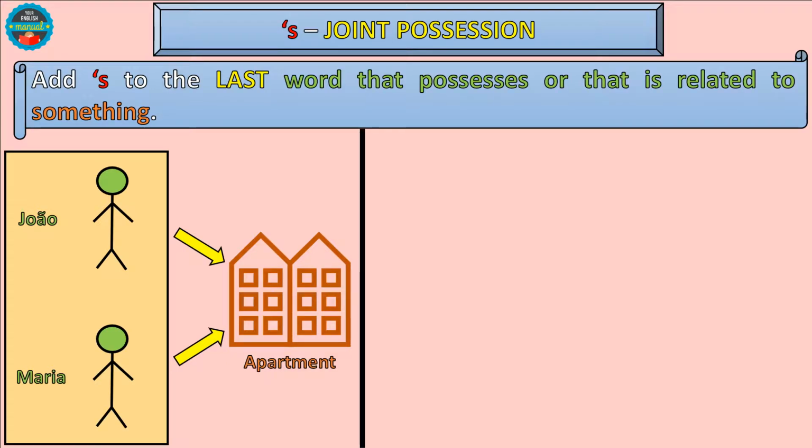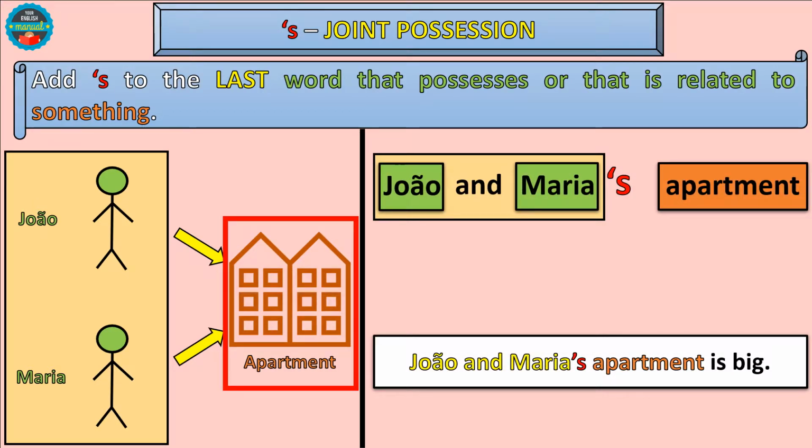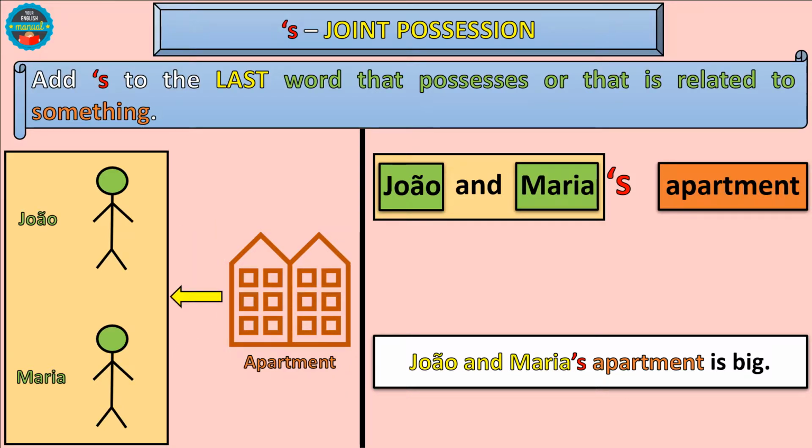Since it's only one thing, it's clear that we're talking about joint possession, since it's impossible for each person to have their own thing if there is only one thing, right? In the example we gave, João and Maria's apartment is big, there is only one apartment, so obviously we're saying that it belongs to João and Maria together.